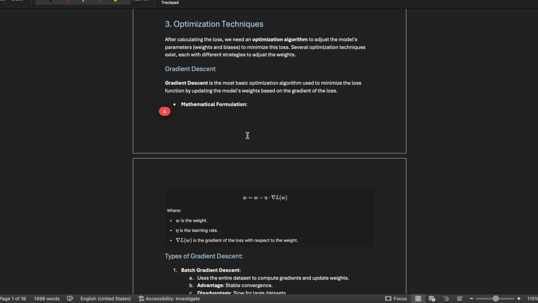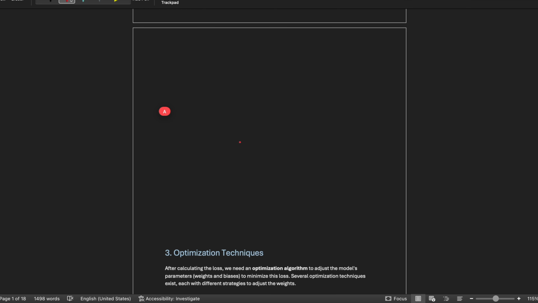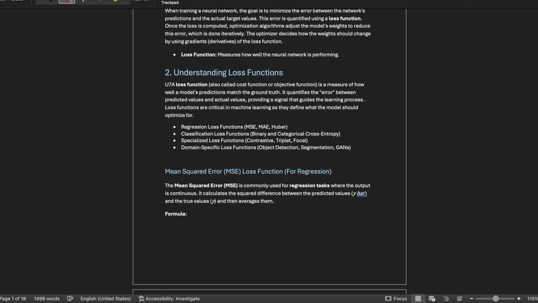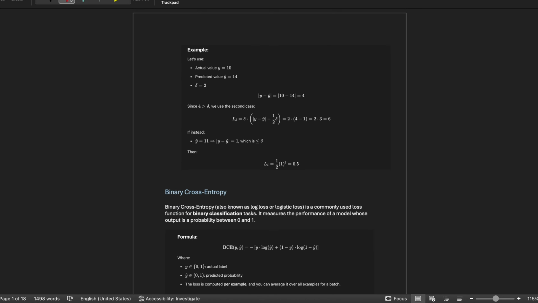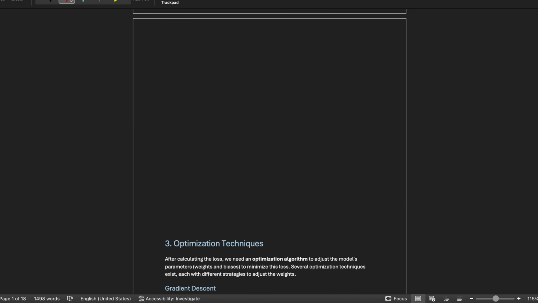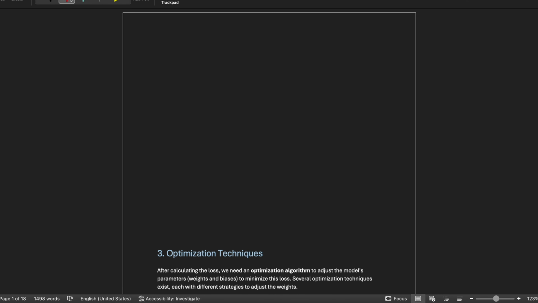If I make a 2D curve of it, this is just a basic example.